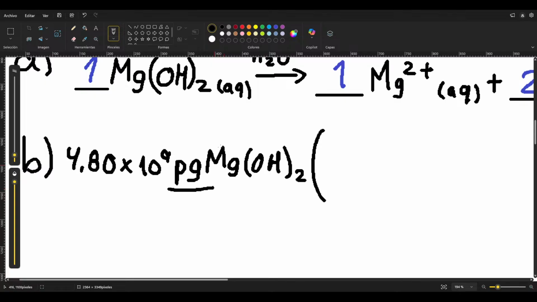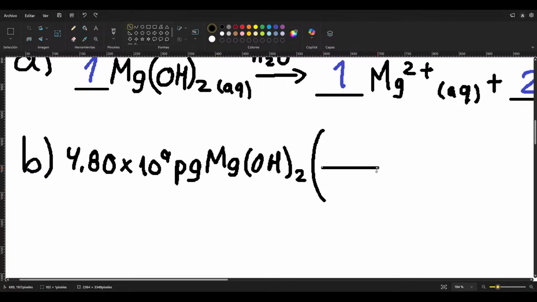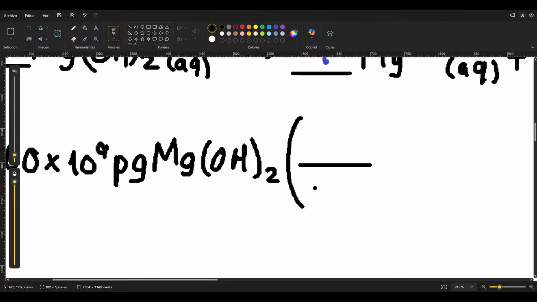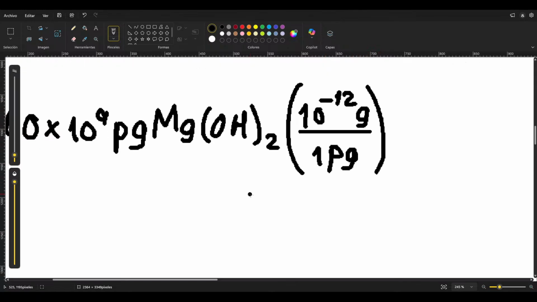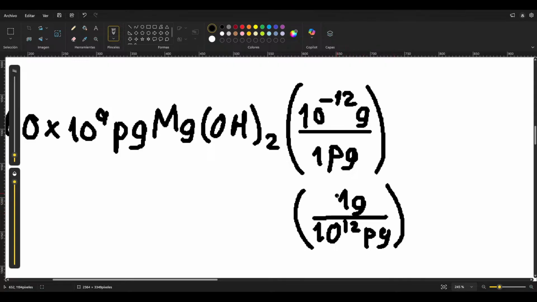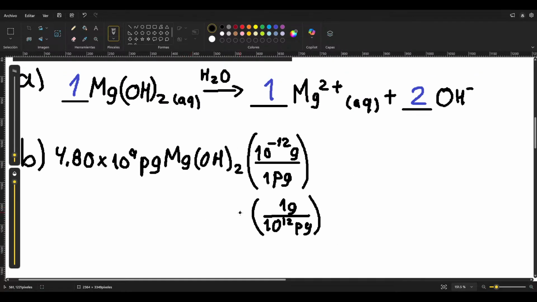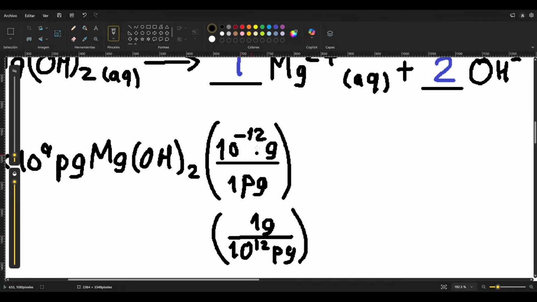Okay, so we have picograms. So pico means, 1 picogram is 10 to the minus 12 grams, or we can also put it like 10 to the 12 picograms is 1 gram. Either way is fine. Either you put the negative exponent on the top or positive below.